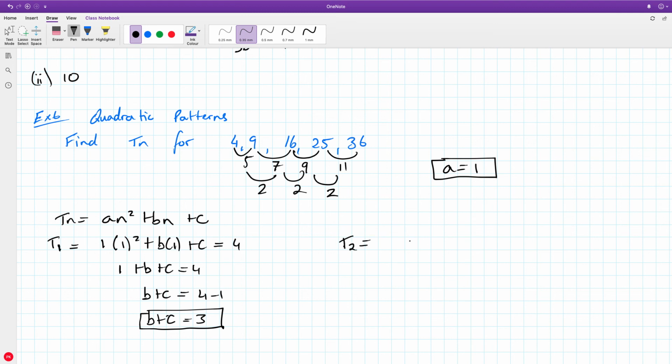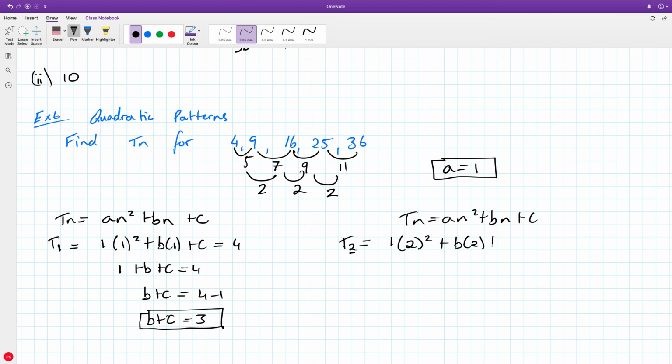T2. So our formula is still Tn is equal to An squared plus Bn plus C. Nothing changes there. A is still 1. N this time though is 2.